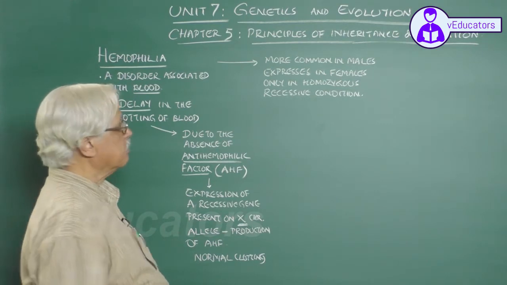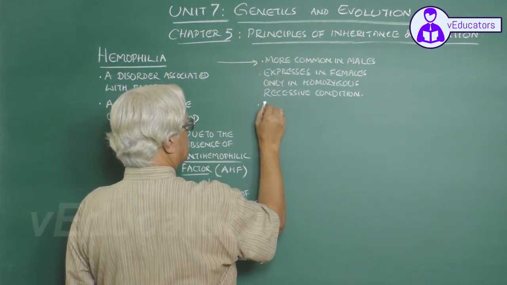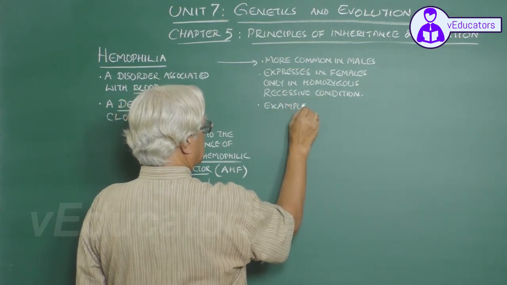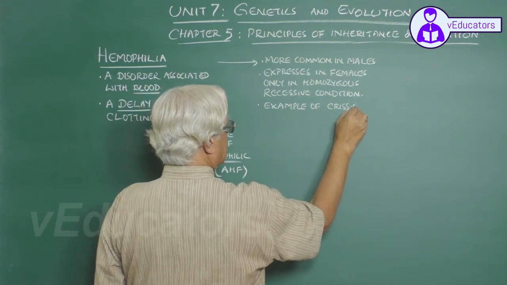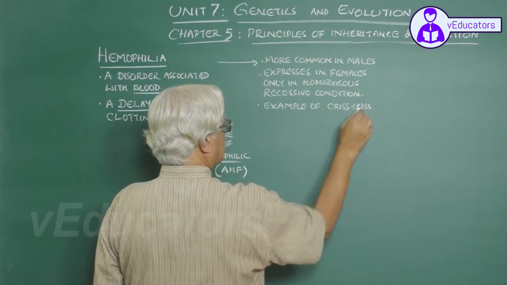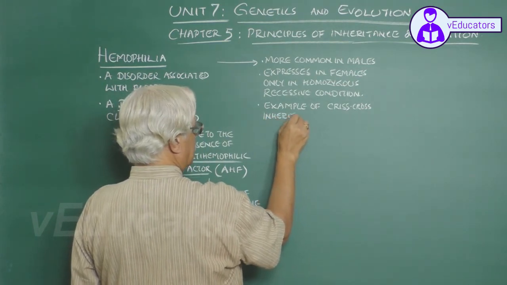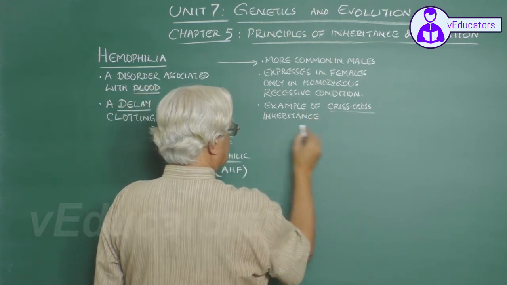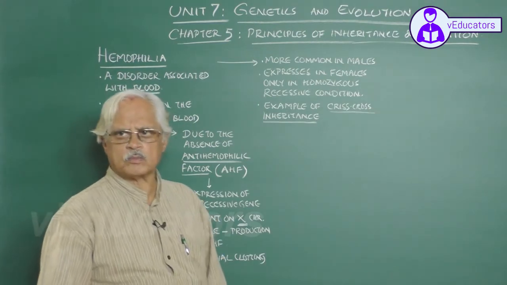And just like color blindness, hemophilia is also an example of crisscross or zigzag inheritance, also called skip generation inheritance.